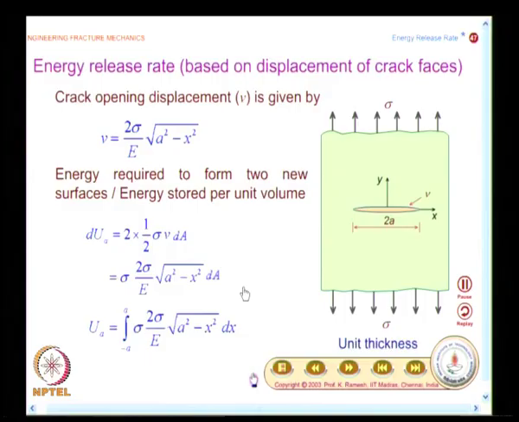This also follows in the very close vicinity of the crack tip, as sigma y is not affected by sigma x, and you are really looking at v displacement, not the other displacement component. So, people have used it, but whatever result we have got, that is G equals K squared by E, remains the same.